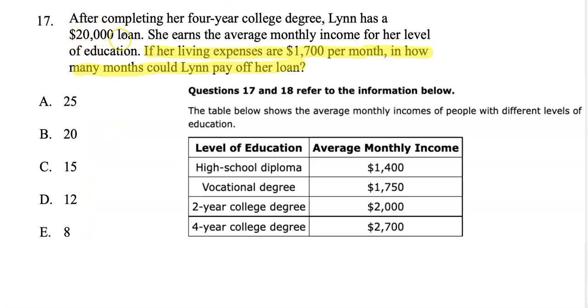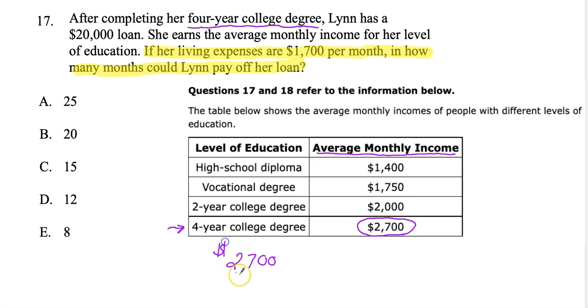Now it says she earns the average monthly income for her level of education, and she has a 4-year college degree. So we're going to need to go to the table, level of education, 4-year college degree. Her average monthly income is $2,700. So every month she makes $2,700.